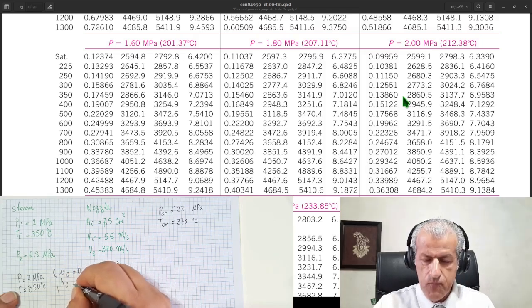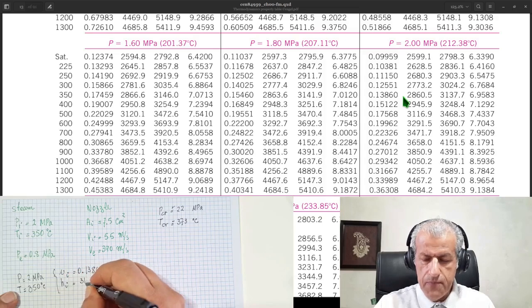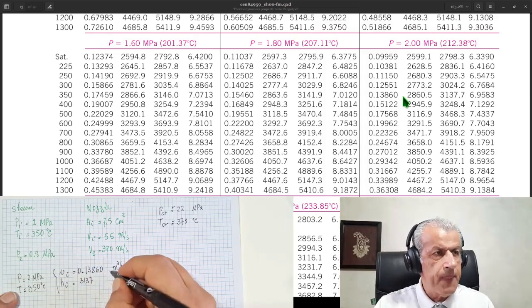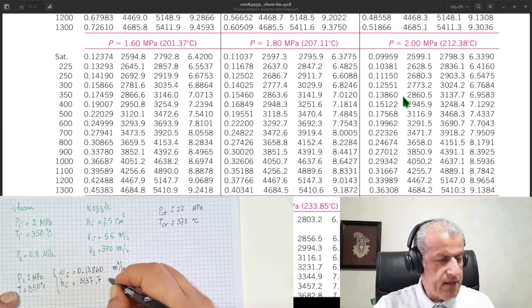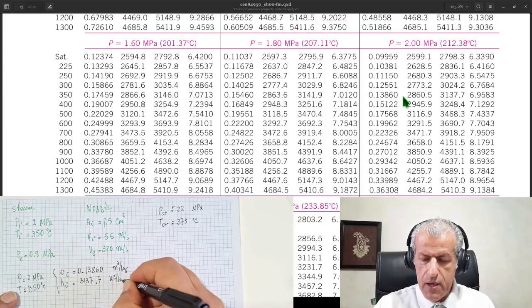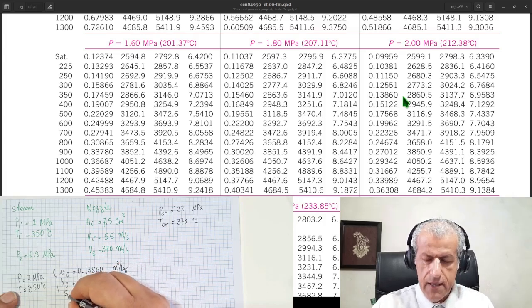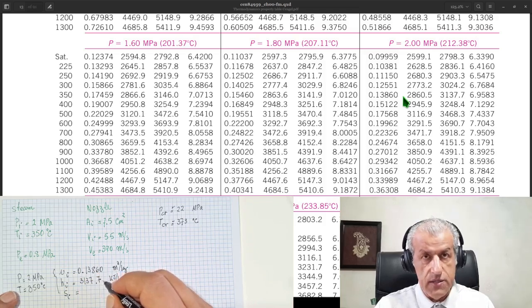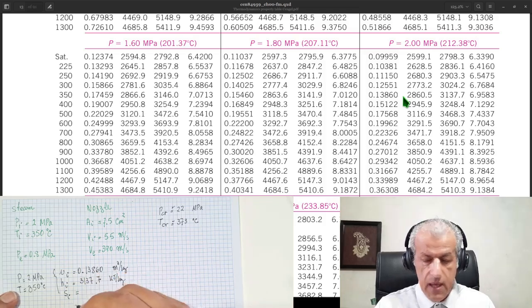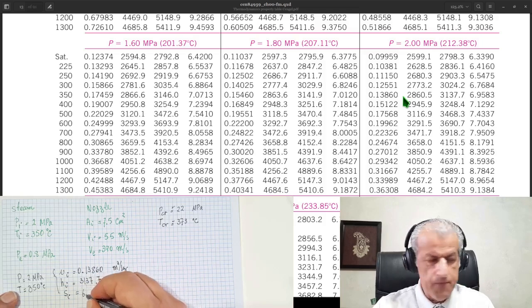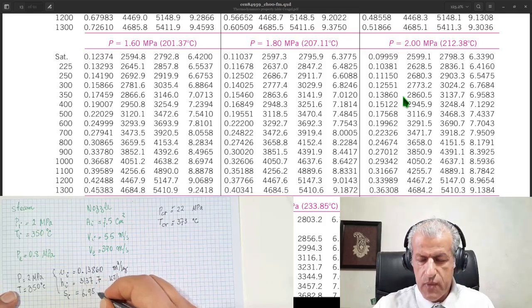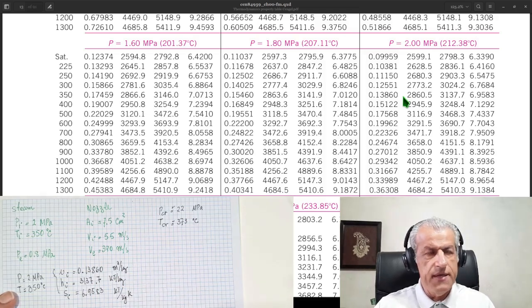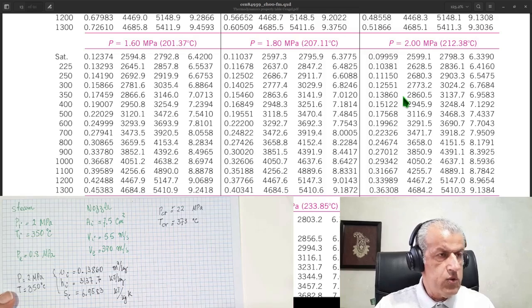HI equals 3137.7 kilojoule per kilogram, and SI, these are all entry conditions for steam into our nozzle, and SI is 6.9583 kilojoule per kilogram Kelvin. So these are properties for 2 megapascal.